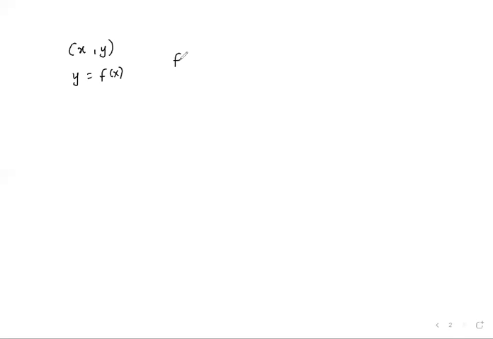If I give you a function f of x is equal to 3x plus 2, and let's say you take 1, I give you that this point satisfies the equation. If I tell you that this point satisfies the equation, you won't understand what it means from what I'm getting.